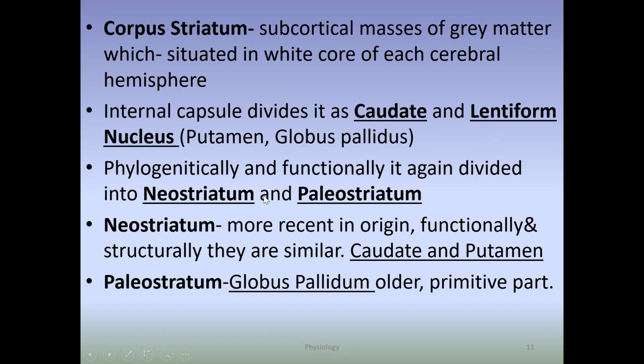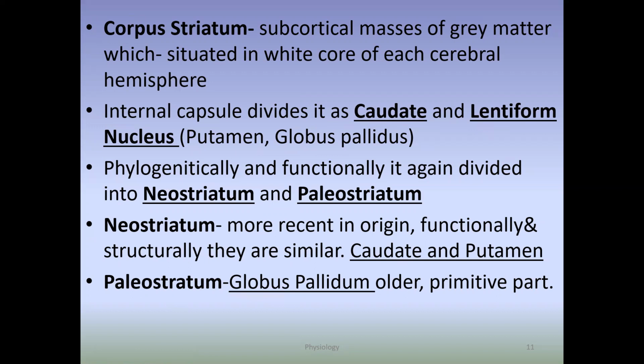Functionally and phylogenetically, this is divided into the neostriatum and paleostriatum, depending on origin. Neostriatum is of more recent origin, and it involves the caudate and putamen nuclei. Paleostriatum involves only the globus pallidus, the older part. You may have an MCQ on this. Whenever the word striatum alone comes, that is nothing but the neostriatum.